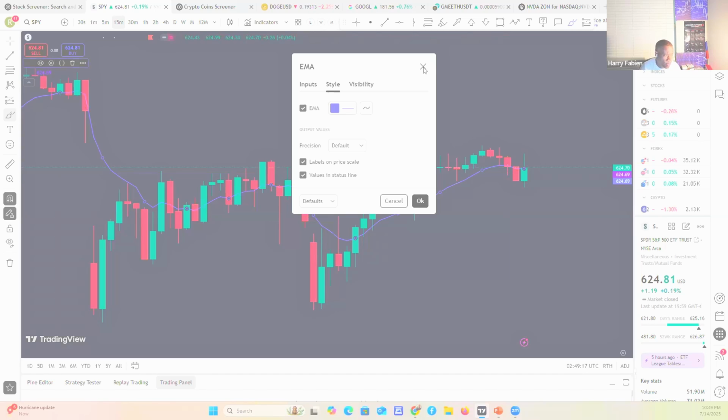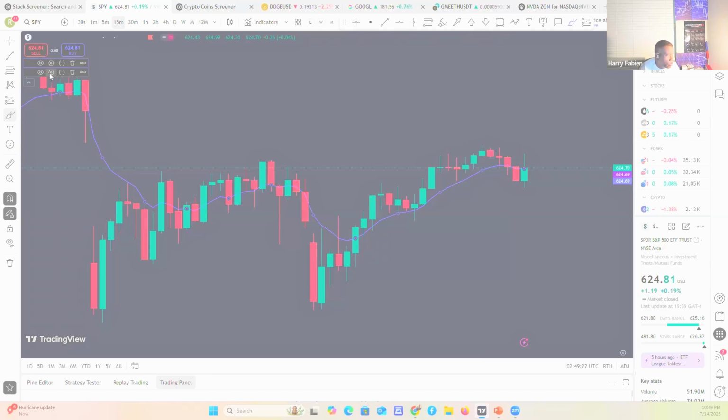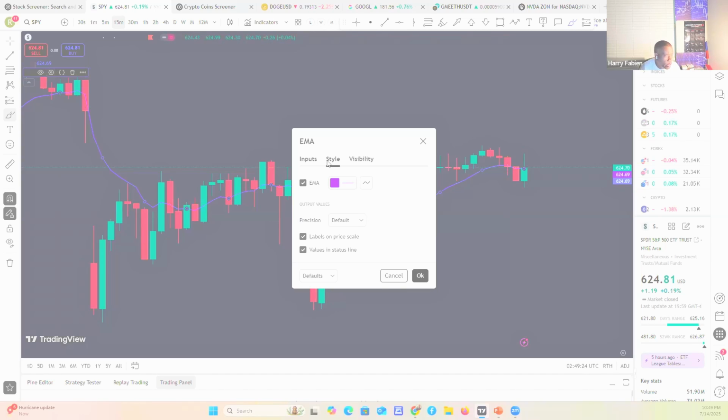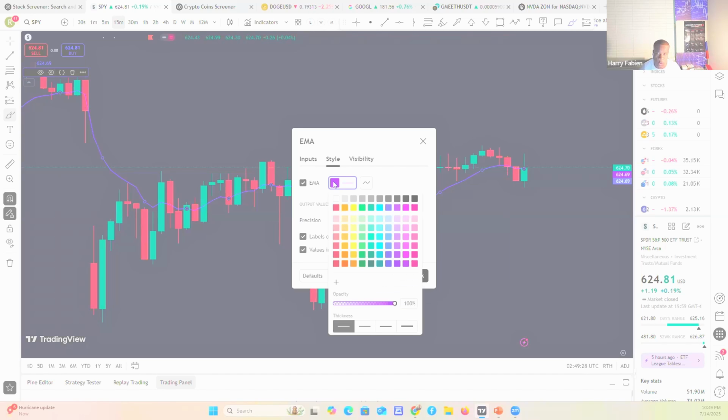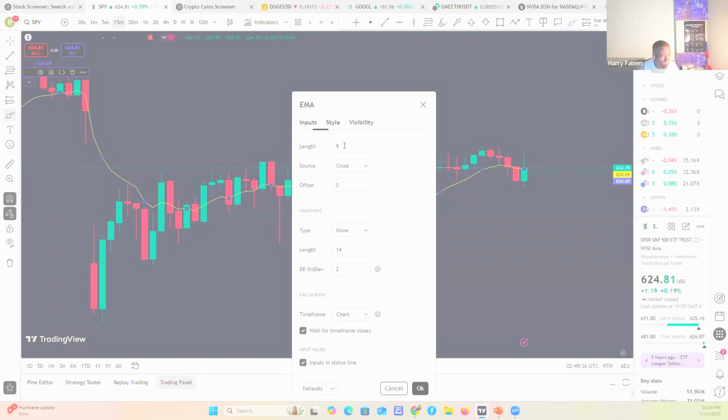Now go to the second one, the 20 or the 21. Change the style and put a different color so you can distinguish them. Put yellow and set 21 days or 20 days. Most of the time I use the 20. Click OK.